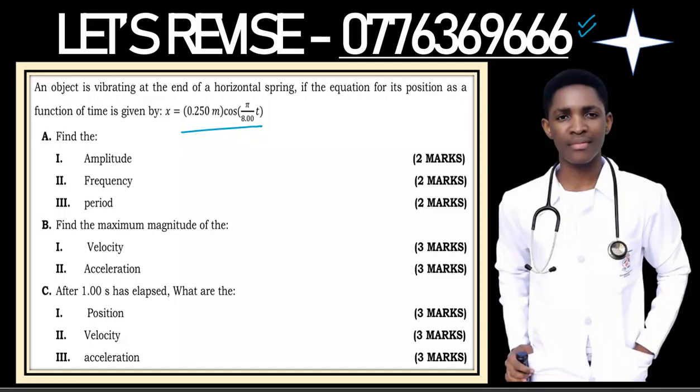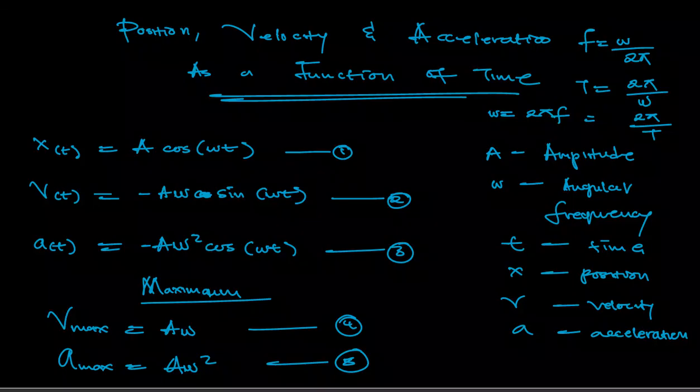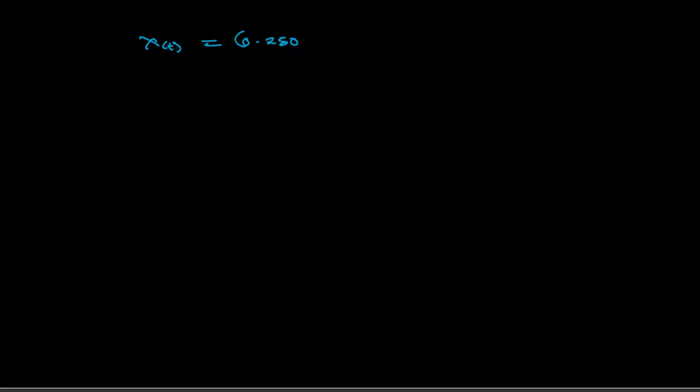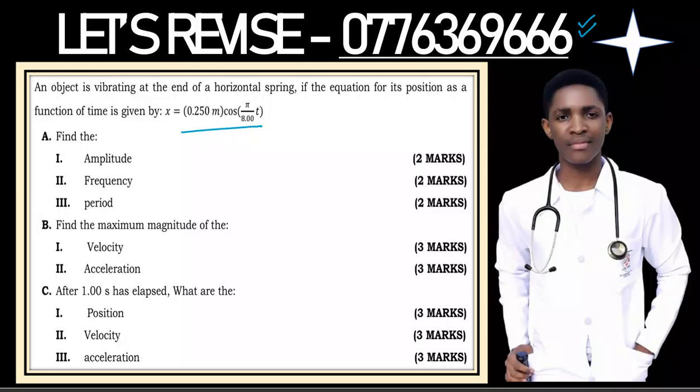The equation is 0.250 meters times cosine of pi over 8 multiplied by time.